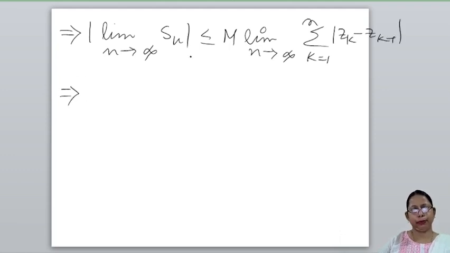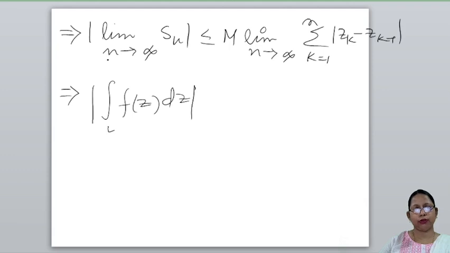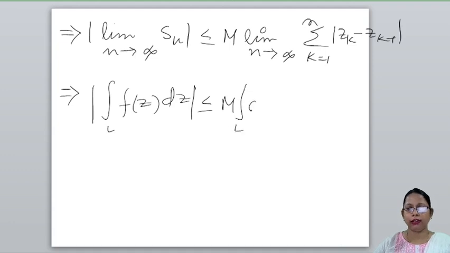And this, by the definition of complex integral as a limit of sum, we will get as modulus of the integral over L of f(z) dz. You should kindly go to the lecture on complex integral as a limit of sum, that is the formal definition of complex integral. You will get it, which is less than or equal to M times the integral over L of modulus of dz.